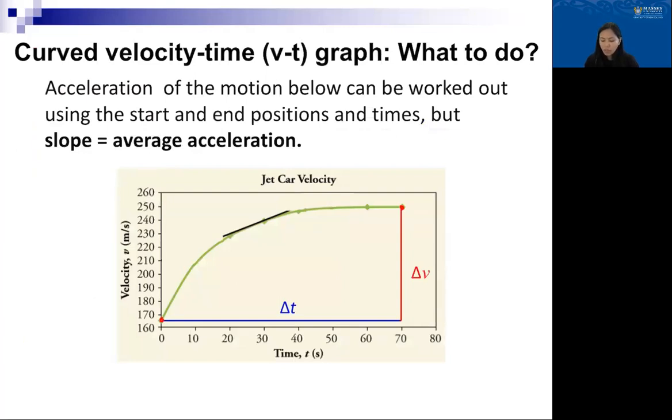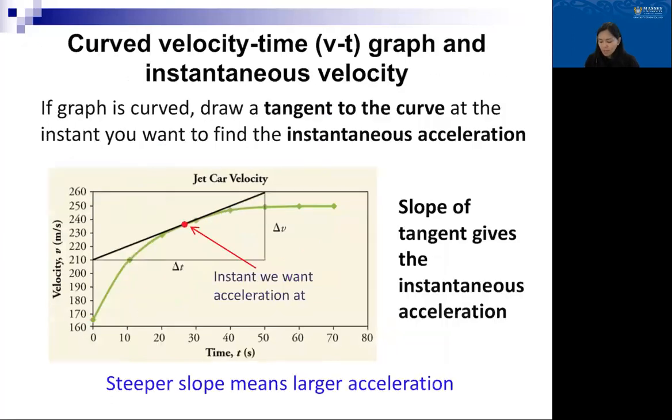Divide those two and you will get average acceleration because you're doing a time interval. Whenever you're doing a time interval, you have average values. Right, so very similar to the curved displacement time graph that we looked at earlier. And the slope will give you the average acceleration in this case.